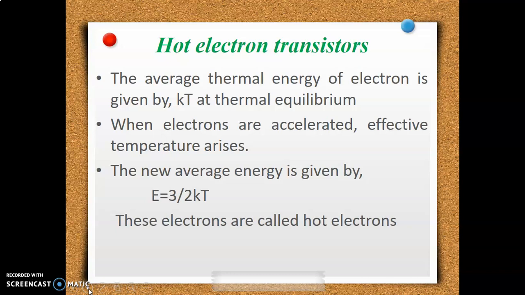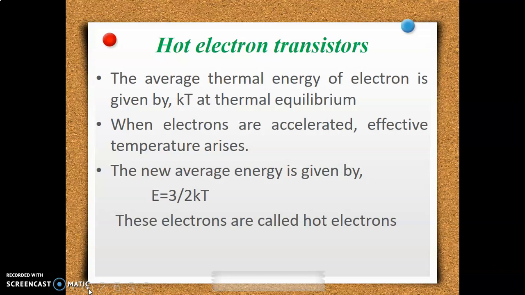Next topic is hot electron transistors. The average thermal energy of an electron is given by kT at thermal equilibrium. We know what k is: it's the Boltzmann constant, and T is the temperature. When electrons are accelerated, an effective temperature arises.